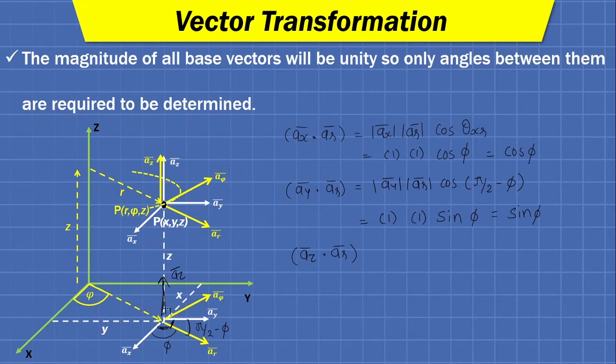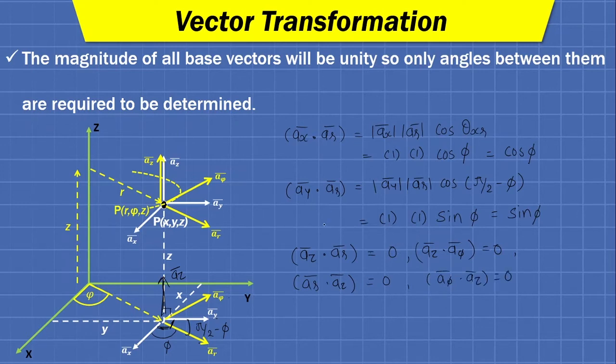So it makes a 90-degree angle with a_x, a_r, a_y and a_phi. If the angle is 90, the dot product will be 0. So a_z dot a_r will be 0. Similarly, a_z dot a_phi will be 0. a_r dot a_z will also be 0 because the dot product follows the commutative law, and a_phi dot a_z will also be 0.